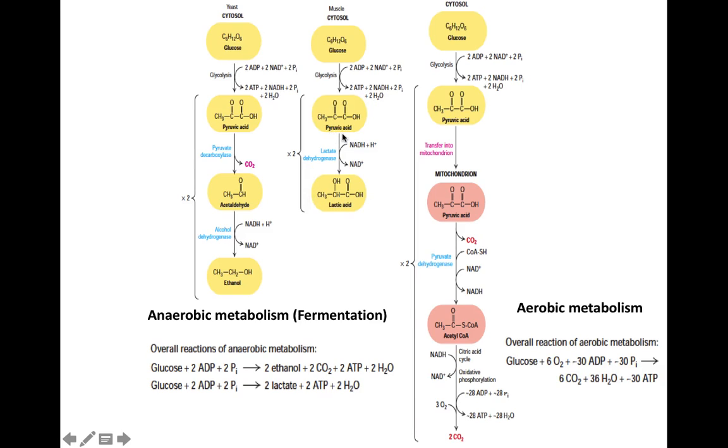So rather than pyruvic acid being converted into acetyl coenzyme A, it is converted into lactic acid, and this lactic acid starts accumulating in our muscle cells, and this is the reason that the next morning we feel intense pain in our muscle, because of the accumulation of lactic acid in our muscle cells.